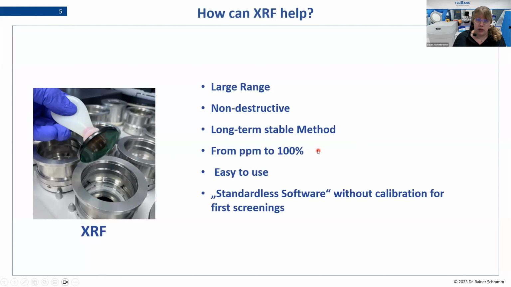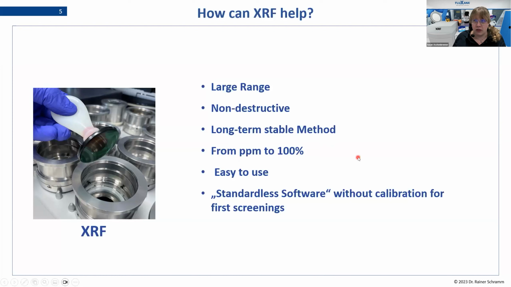Another good point is that we are able to measure traces as well as main and side components. So we are not limited in this field, so that we can only measure traces or only measure main components with our method. We can measure from ppm to 100%, obviously depending on our sample preparation.